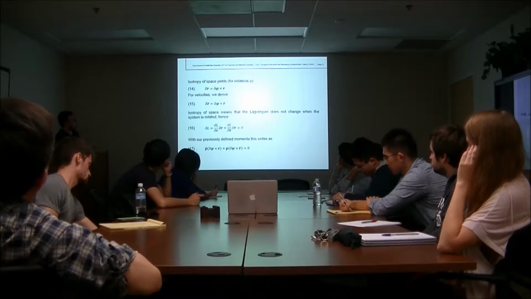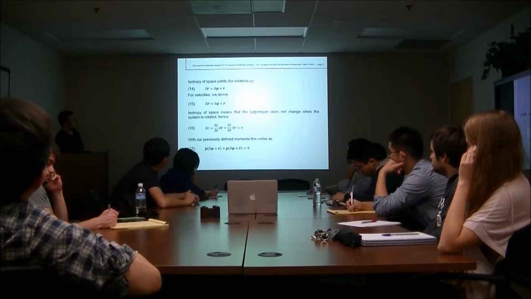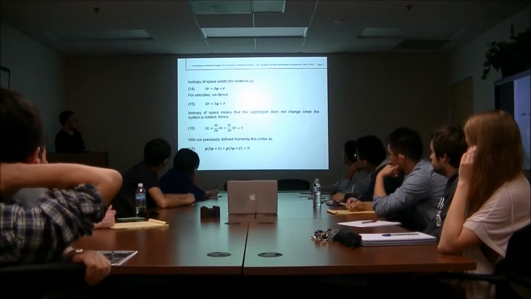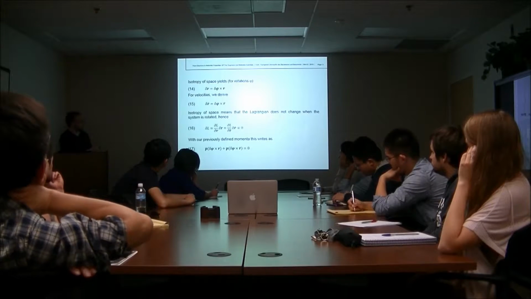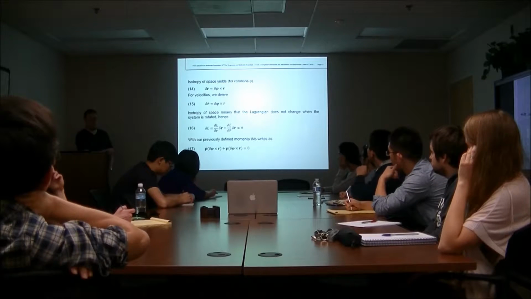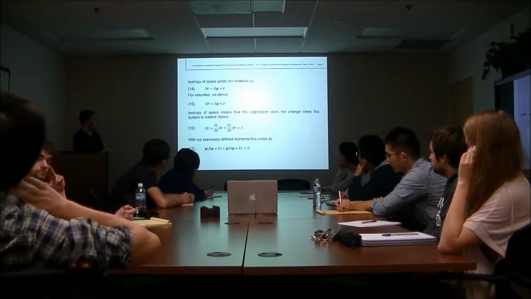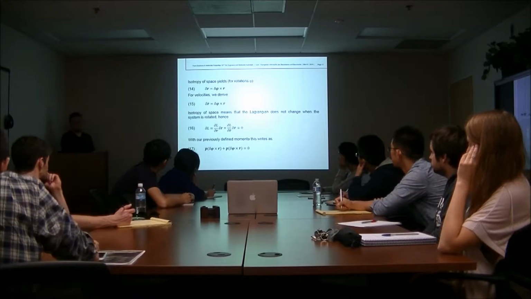So this means that our variation is then a variation of the angles for velocities, as we do not derive this variation by time. It's just a function of velocities. As I said, the Lagrangian does not change when the system is rotated.